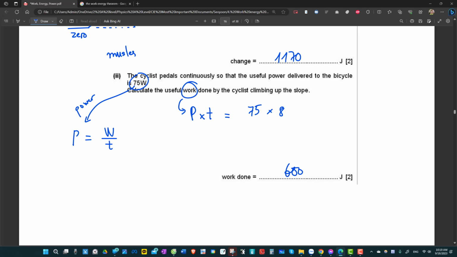This is the useful power, meaning the energy that she pushed the bicycle forward. When we take this power, 75 watts, and multiply with the time, 8 minutes, converted into seconds, not minutes, we get the useful energy.